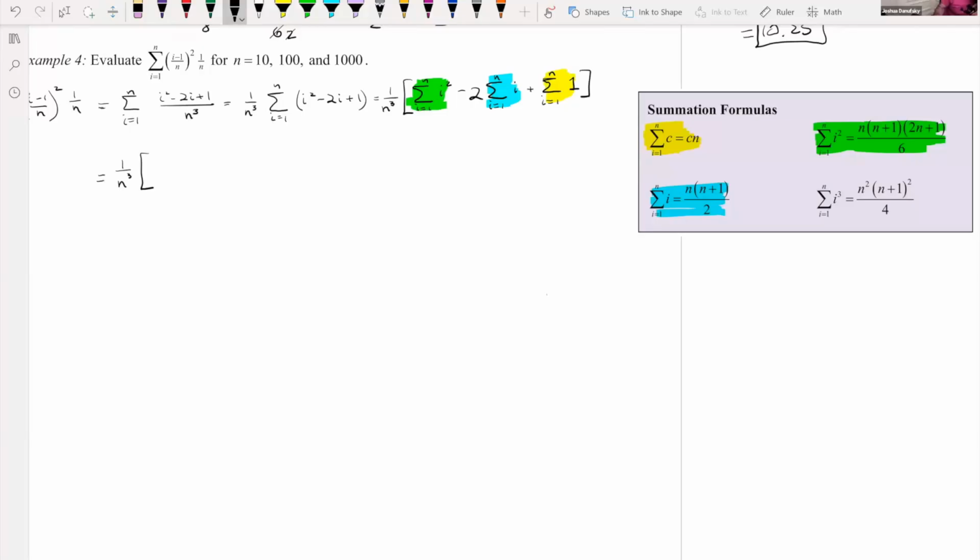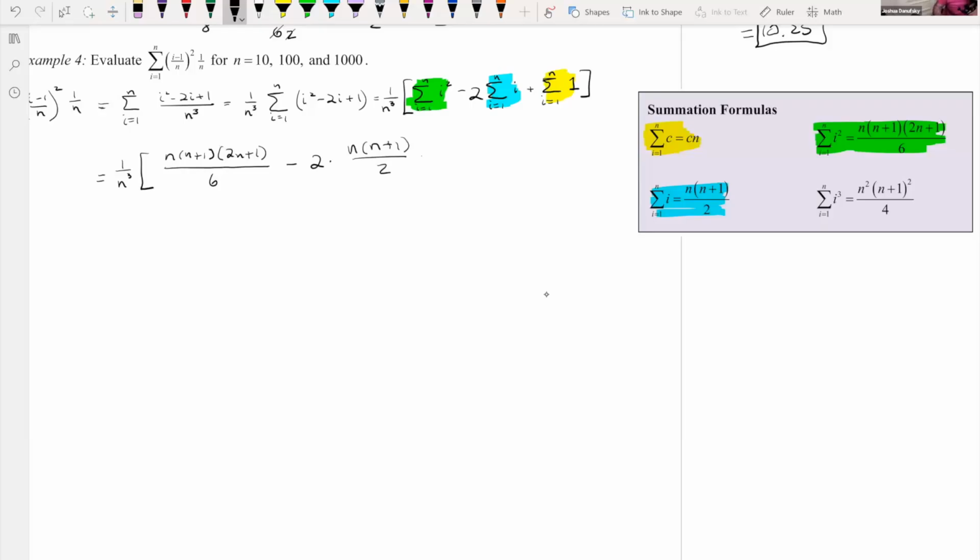So starting with the green formula, we're going to have n times n plus 1 times 2n plus 1 over 6. And from there, we're going to have minus 2 times, now we're going to take our blue formula, n times n plus 1 over 2.